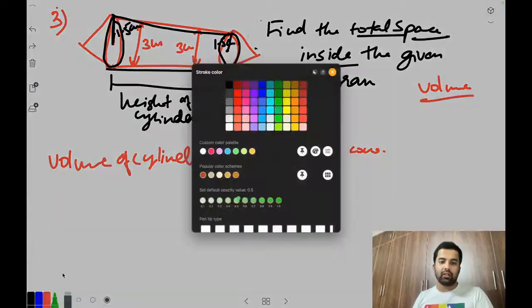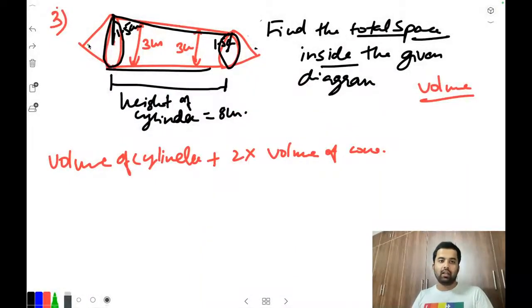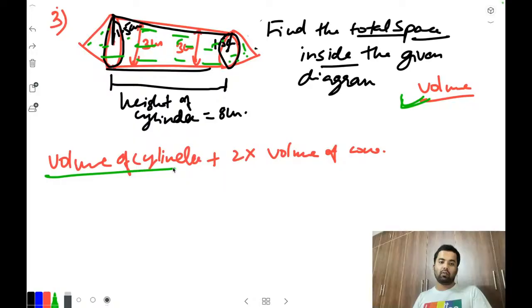Space stands for volume only. Why do I multiply by 2? Because we have 2 cones here. First cone is this, second cone is this. That's why we multiply by 2, the volume of cone.